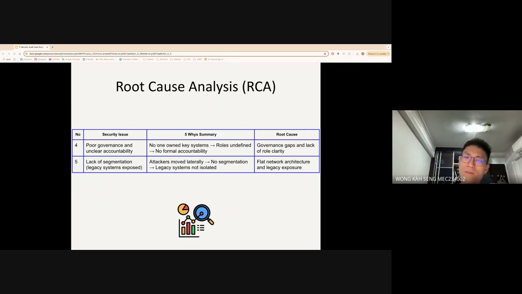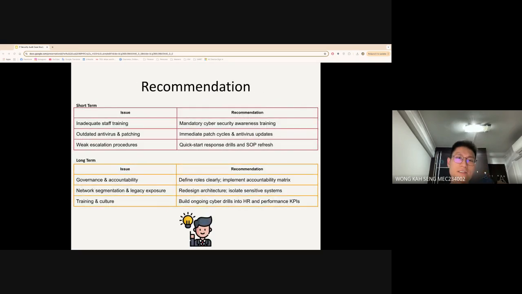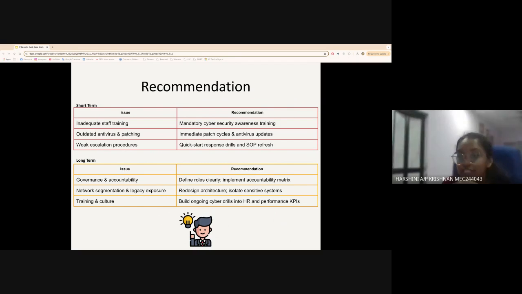So among all this, what would be your recommendations? For short-term actions, our top priority is mandatory staff training. This can be rolled out within a few weeks and already shows improvement in awareness.